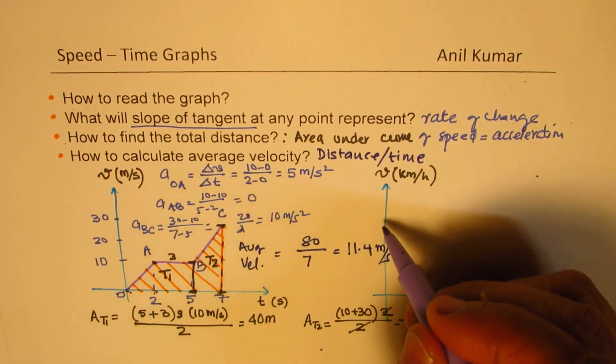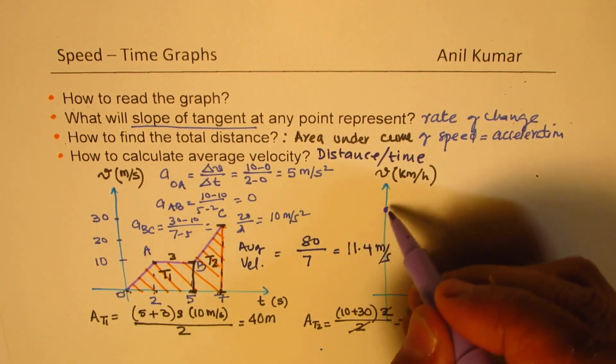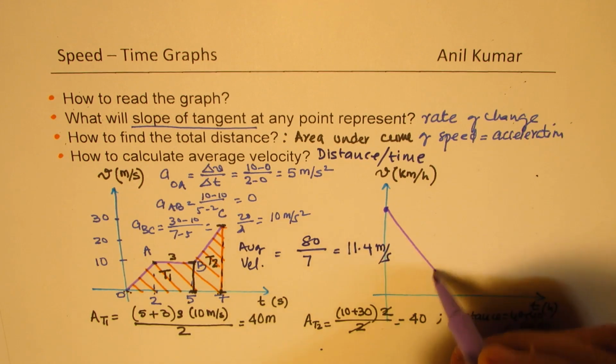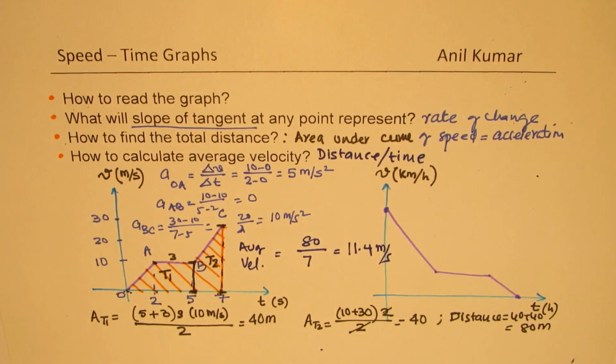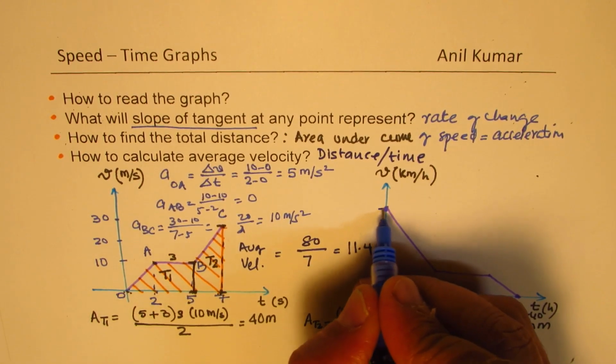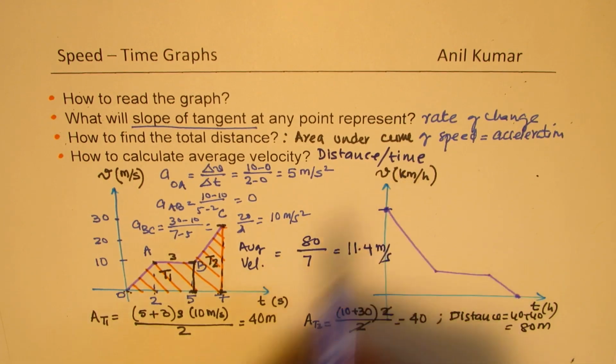So let us say this time an object starts from a particular point and it is approaching, right, and it stops for some time, and then again it gets back to the starting point, right? That is what it says, starting point. So let us say this distance here, we're talking about kilometers per hour.